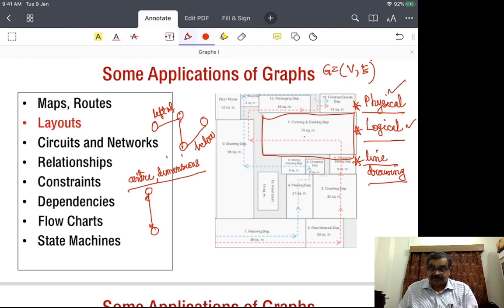The third thing that we could do is a line drawing. In this line drawing, every corner point would be a node, and every line segment touching these corner points would be an edge in the graph. So there are various ways in which you can model a graph of layouts depending on the application that is needed.